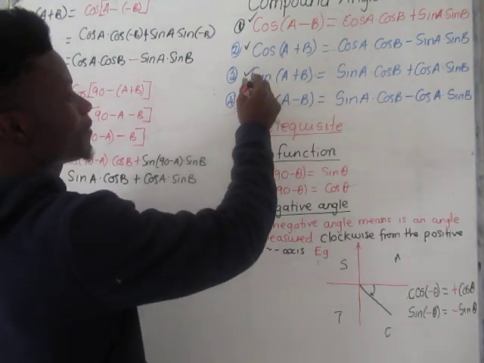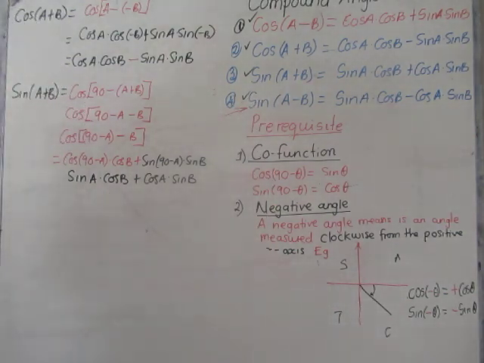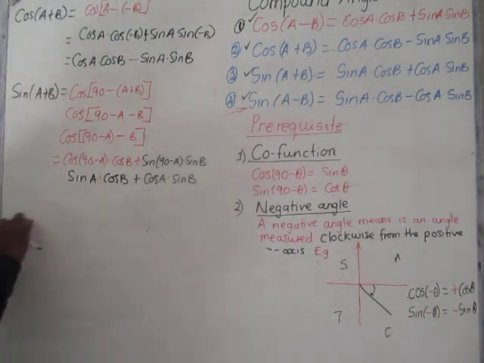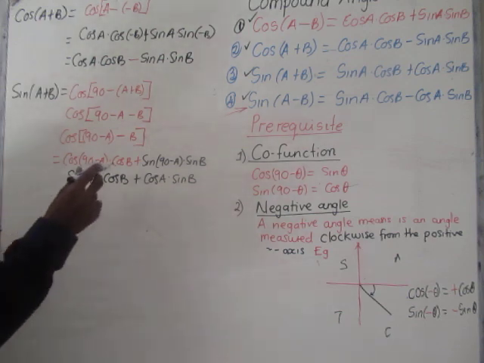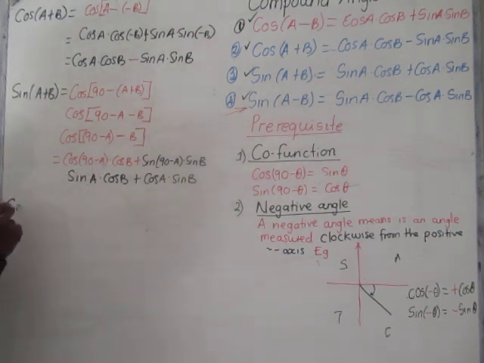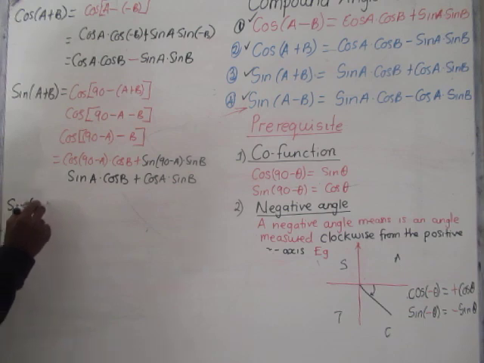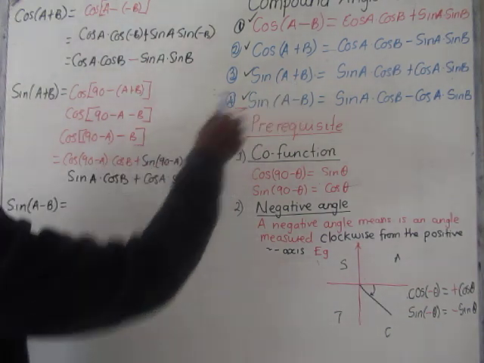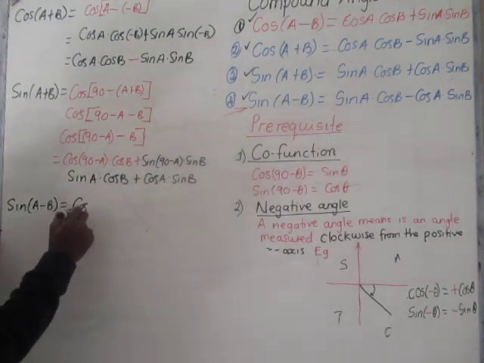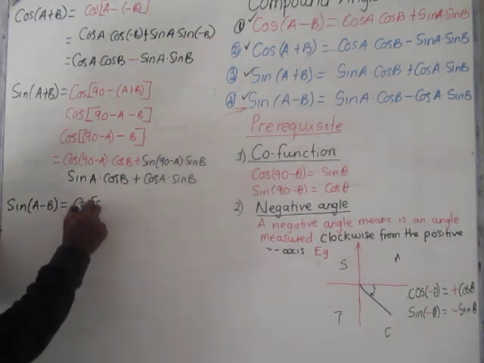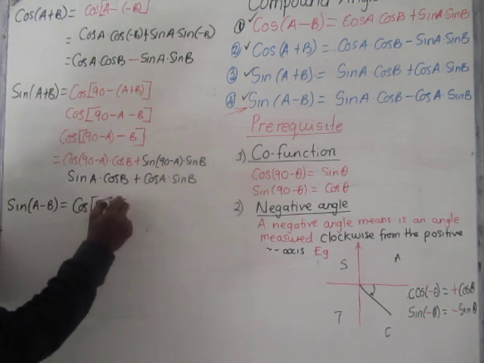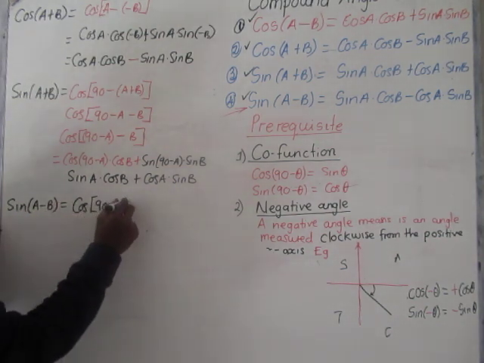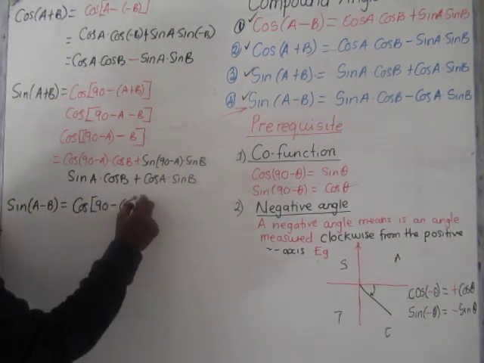How do we derive sine(a minus b)? We're going to show it right here. The derivation of that: sine(a minus b) can also be written in terms of cos as cos(90 minus, then we have our angle being a minus b).